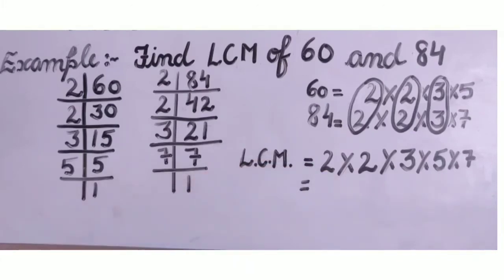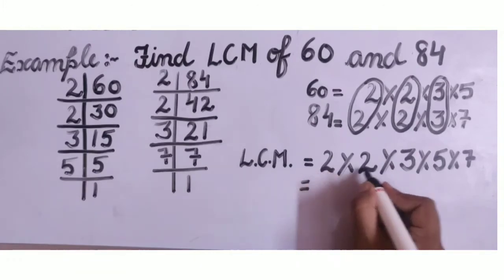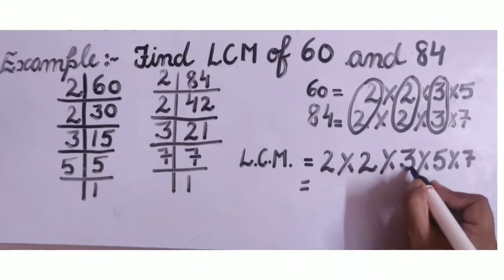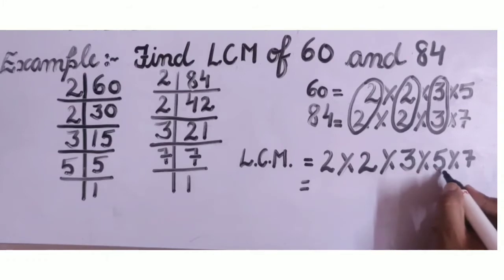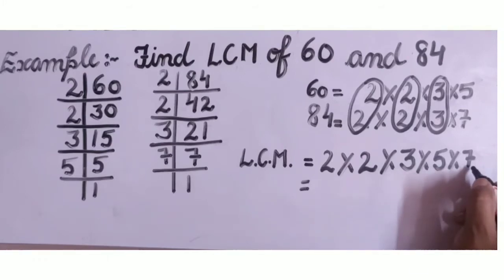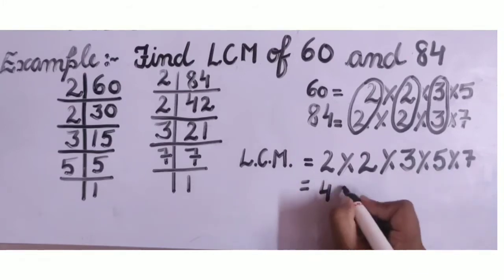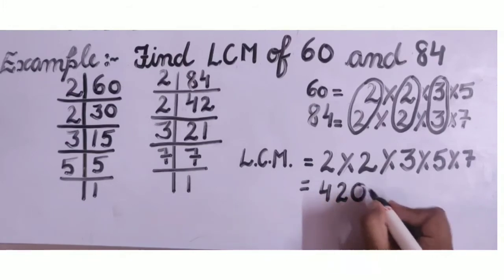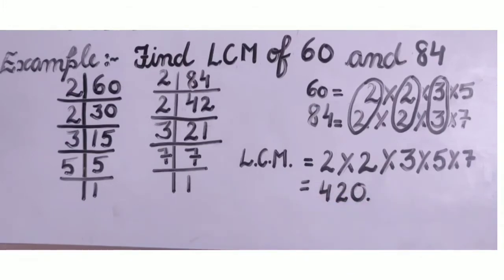So students, let's multiply them. 2 2s are 4. 4 3s are 12. 12 5s are 60. And 60 7s are 420.